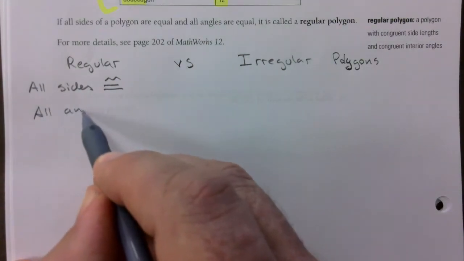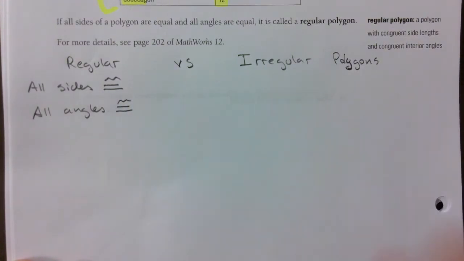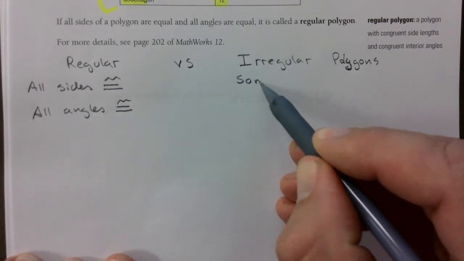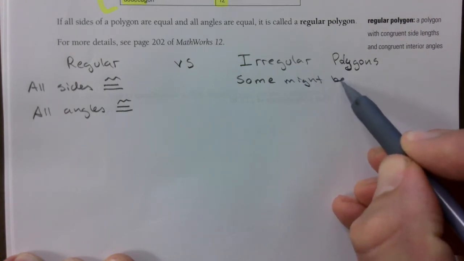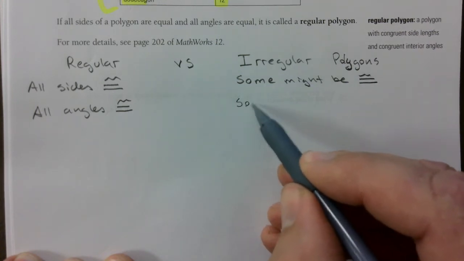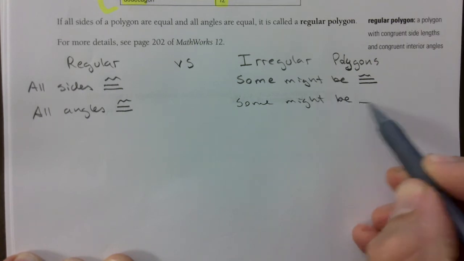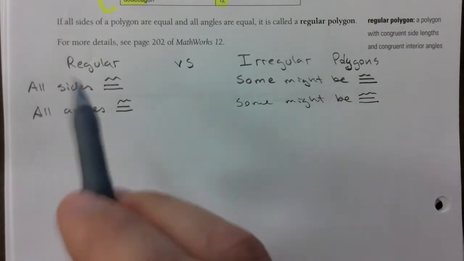Therefore, all angles are congruent. Irregular, it's only some that might be congruent. Some might be congruent, but not all. Okay? So that's the biggest difference between regular and irregular.